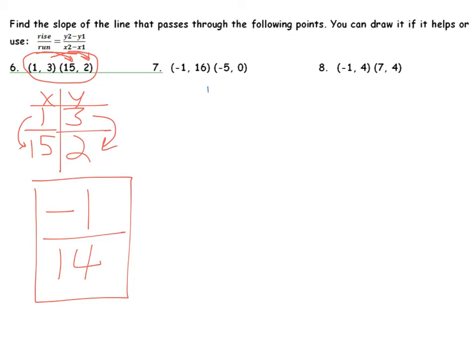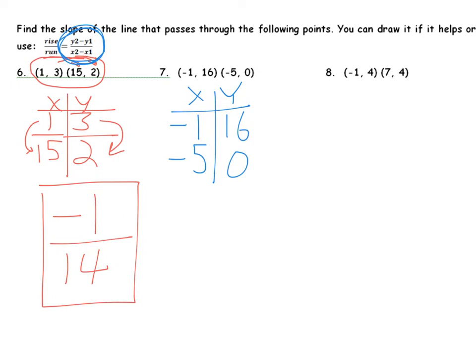For the middle one, I'm going from negative 116 to negative 50. And it doesn't matter which one I put first. If you look at this equation right here, it suggests using the second y minus the first y, and the second x minus the first x. You can do that if you want. It doesn't matter which one you do first.